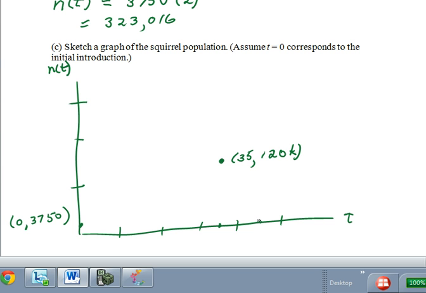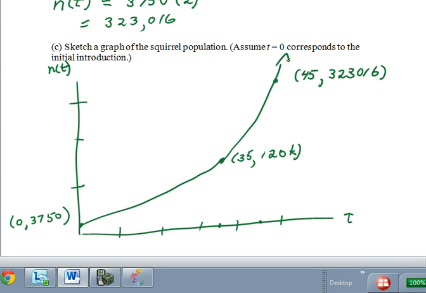And we have 45 years corresponding with 323,016. So the curve will look like that.